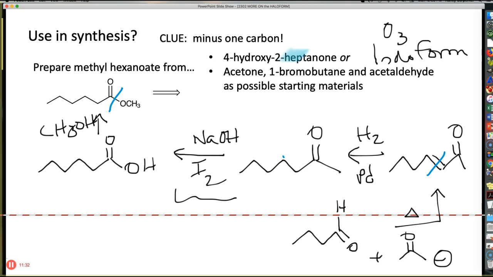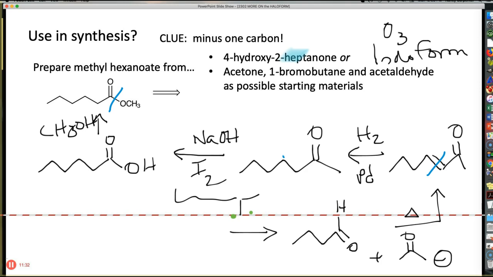I want to see if I can make this from acetone, which is right here, and 1-bromobutane. Not real sure why I would need acetaldehyde. Okay, maybe I'm thinking I'd have to make methanol from acetaldehyde some way. That's crazy. Alright, so how do I make my butanal? I got to make my butanal from PCC, right?